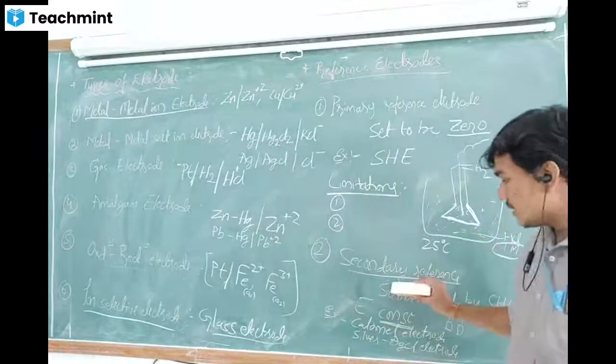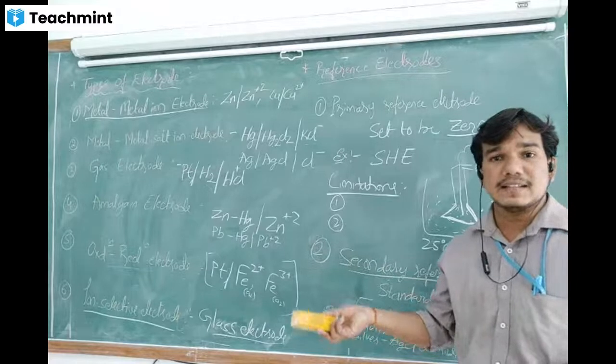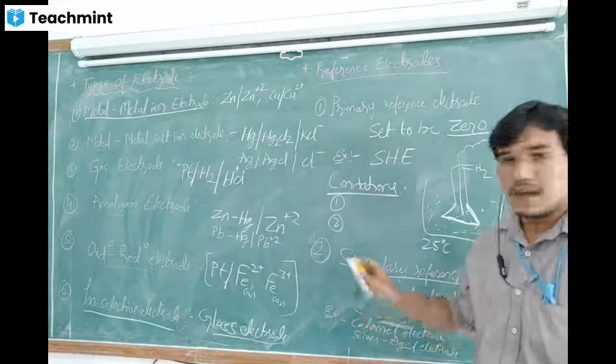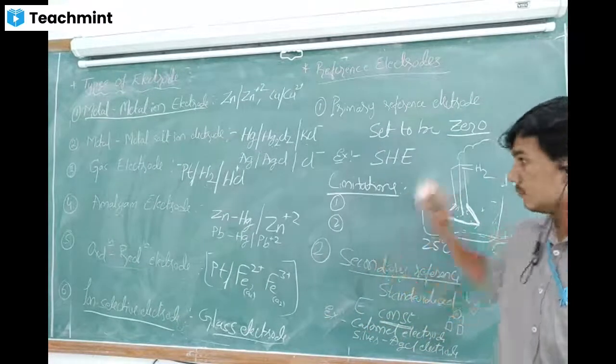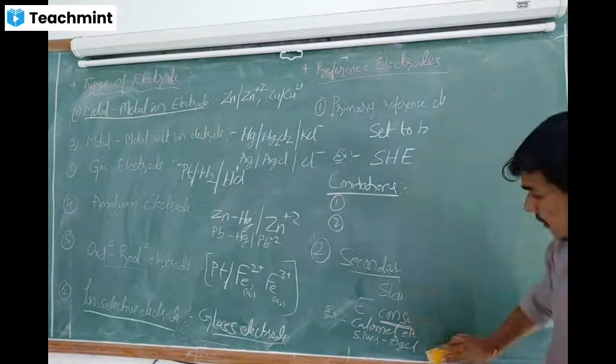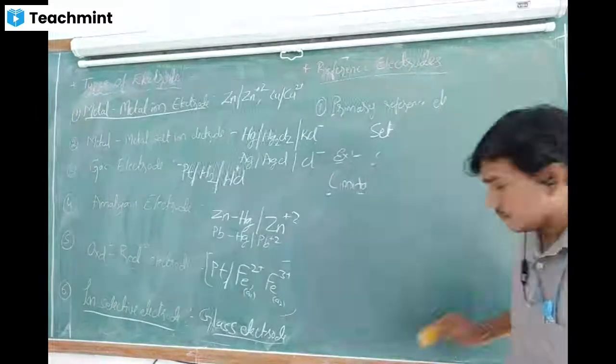Okay. So from this secondary reference electrode, we can calculate any other metal or electrode potential. Understood this now? I think there is no doubt regarding the types of electrodes and reference electrodes.